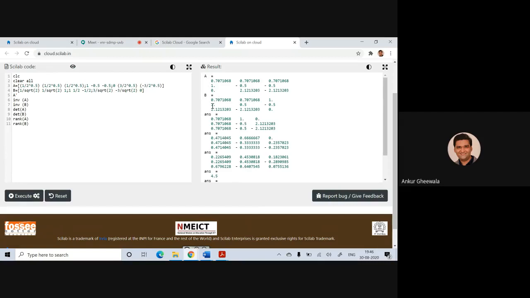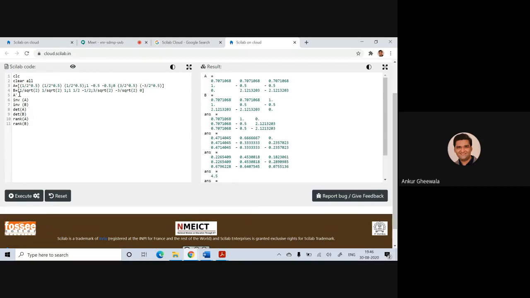So this is matrix A, matrix B, then A dash. A dash is nothing but the adjoint of A. So 0.707, 0.707, 0.707. Just see here, same thing. And in A dash, minus 0.5 can be converted into 0.5. Just see here, 0.707. So the row becomes column.